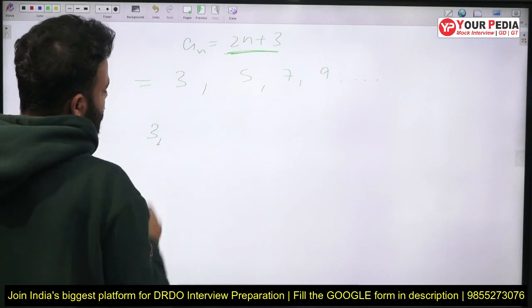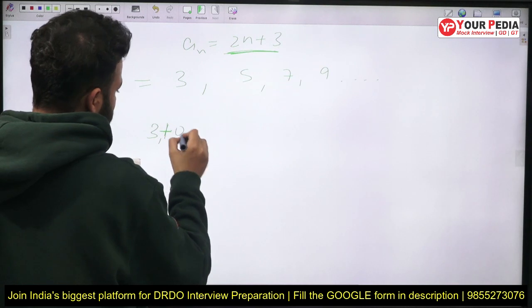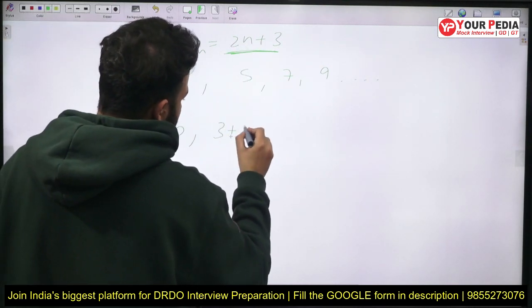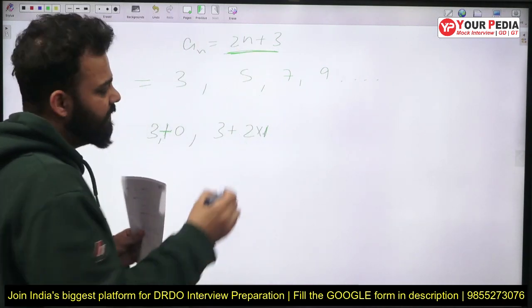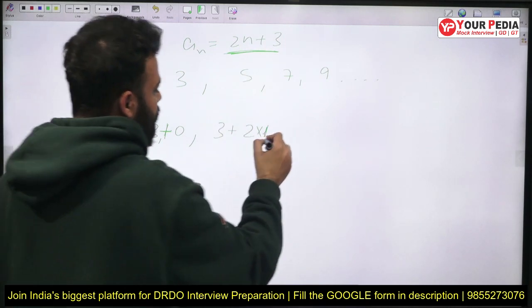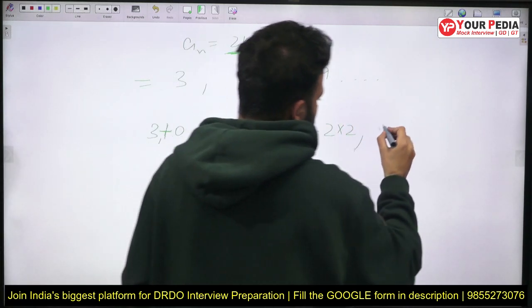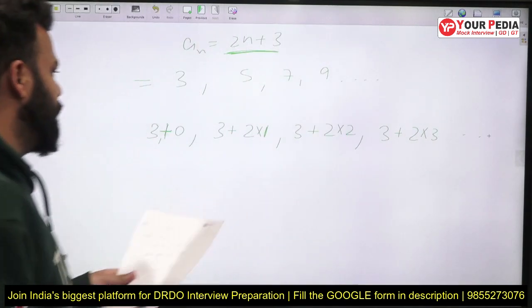So it is nothing but 3 plus 0, because n was 0 here, 3 plus 2 into 1, 3 plus 2 into 2, 3 plus 2 into 3, and so on.